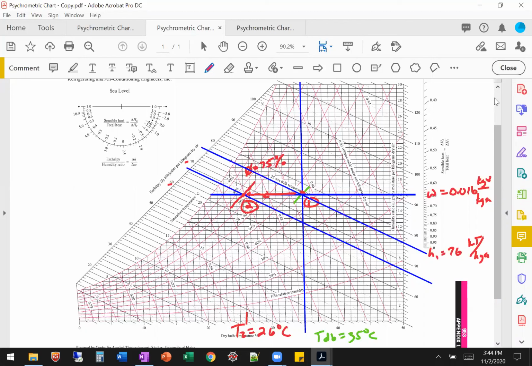We had to get specific volumes at the inlet and outlet.